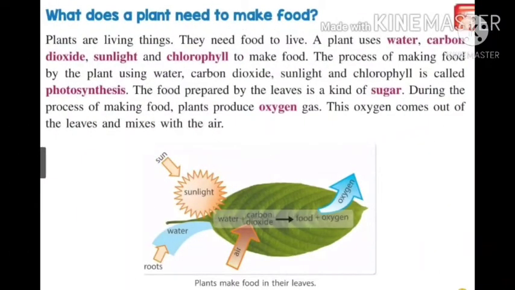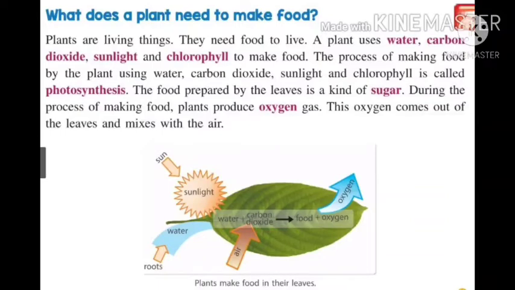Now let's move to our second subtopic, that is, what does a plant need to make food? Plants are living things. They need food to live. A plant uses water, carbon dioxide, sunlight and chlorophyll to make food.